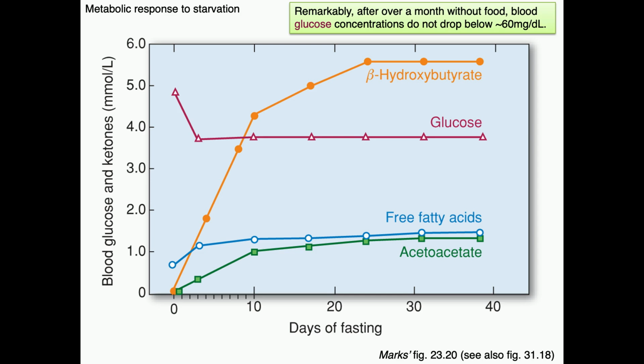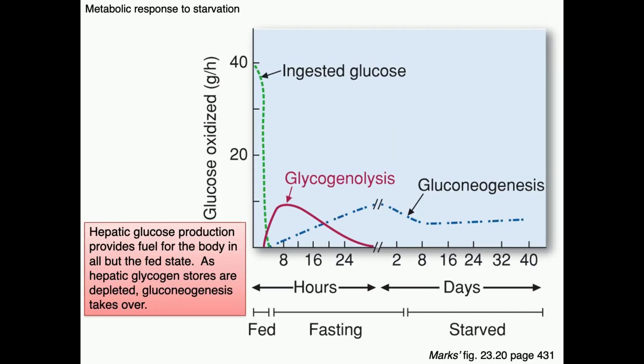Okay, so if we just consider the carbohydrates and look at this glucose a little bit more in starvation, immediately after a meal, the glucose that's being consumed or oxidized is coming from the carbohydrates in that last meal. That's indicated by the green here.